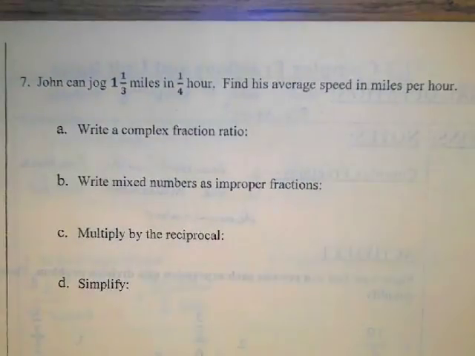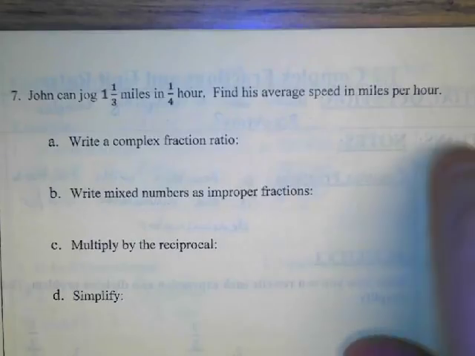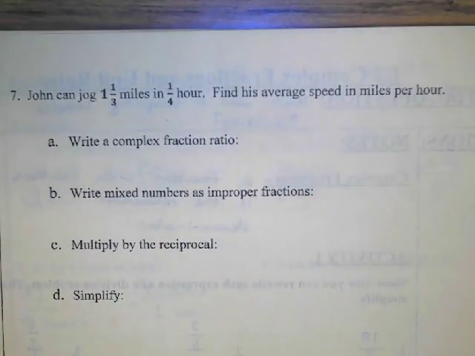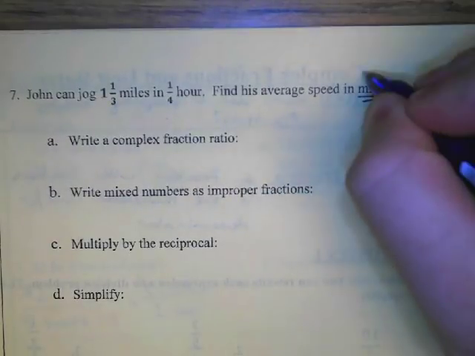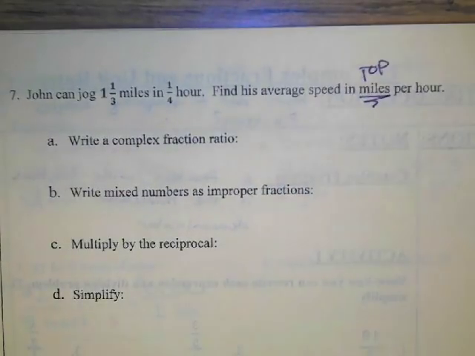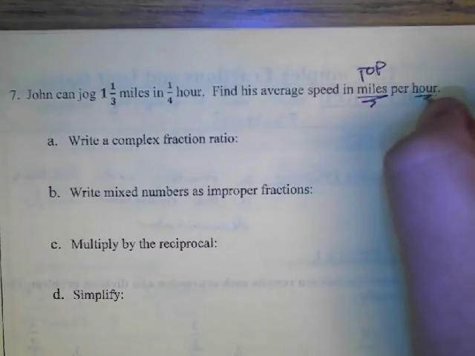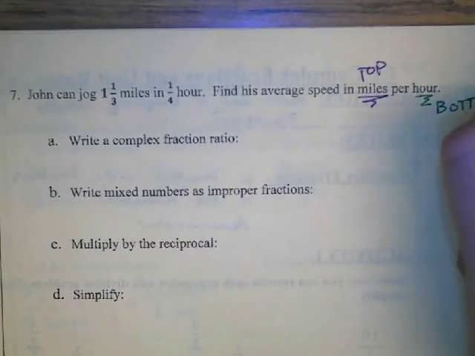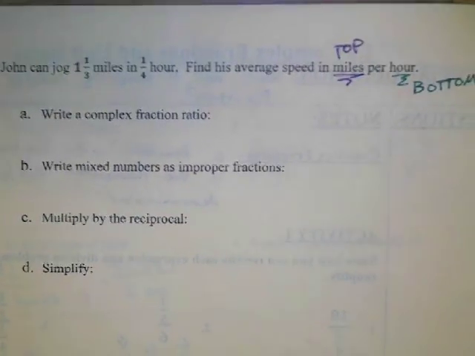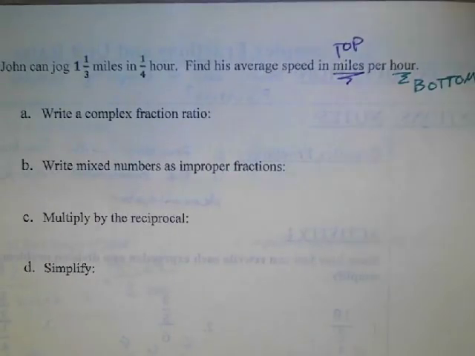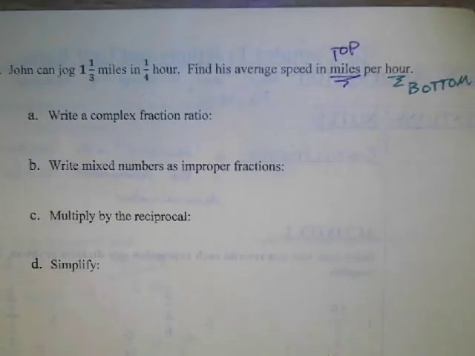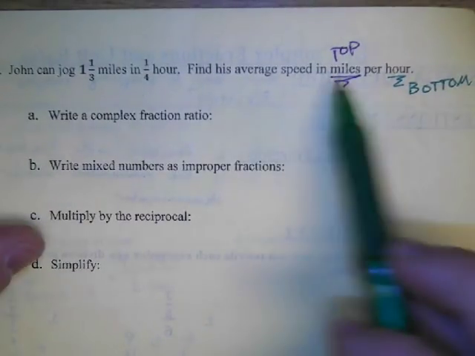Now remember, using the words, if it's miles per hour, then miles will go in our numerator on top since it comes first. Miles is on top, and then hour will be on bottom. So just that left to right, whichever comes first is on top, and whichever comes second is on the bottom, will help us keep track of how to set this up.